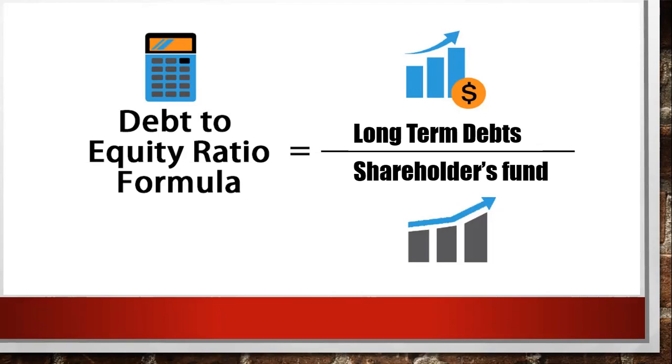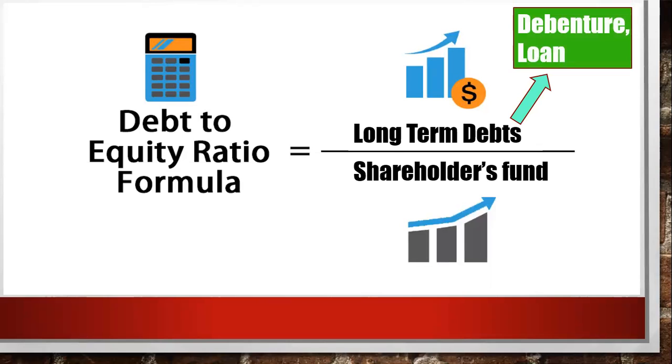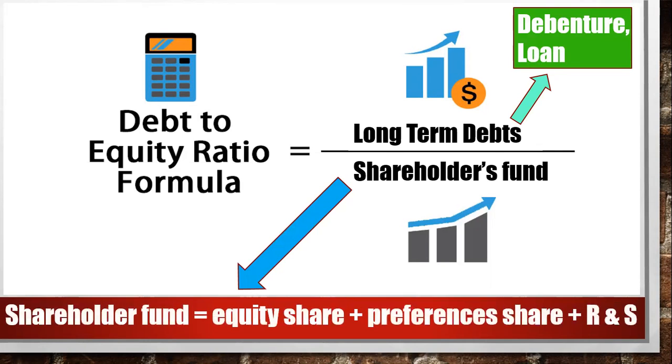Debt means outsiders' money and equity means owners' money. So outsiders' money is long-term debentures or long-term debts, borrowings, secured borrowings, whatever you have, you take as long-term debts upon shareholders' fund. Long-term debts include debentures, loans, and shareholders' funds include equity shares plus preference shares plus reserves and surplus.